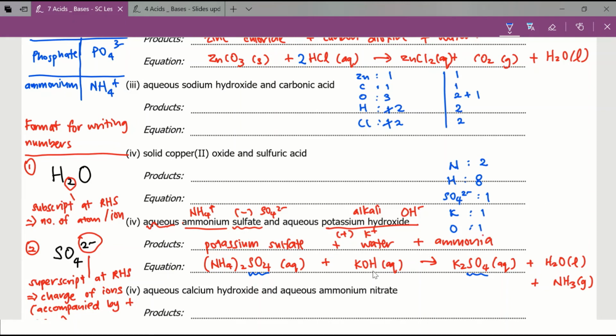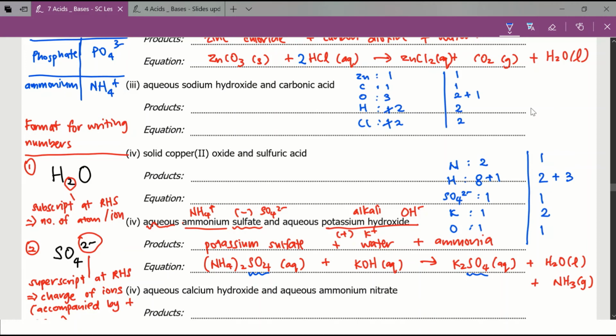So we've got to add it back to the count of hydrogen. So that's 8 plus 1. On the right hand side, starting with potassium sulfate, there are 2 potassium, 1 sulfate ion. Then for water, I've got 2 hydrogen, 1 oxygen. And in ammonia, I have 1 nitrogen plus another 3 hydrogen here.